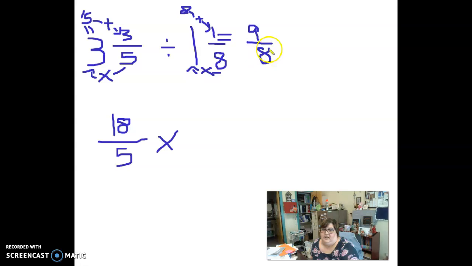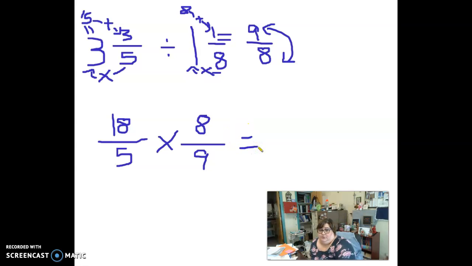So we'll have 9/8, but we need to use the reciprocal of that. So we need to flip it for our multiplication to be 8/9. Okay, now again, you don't have to find the common denominator or anything.